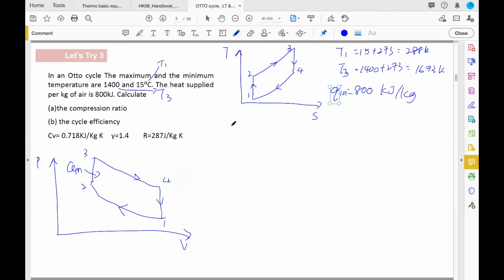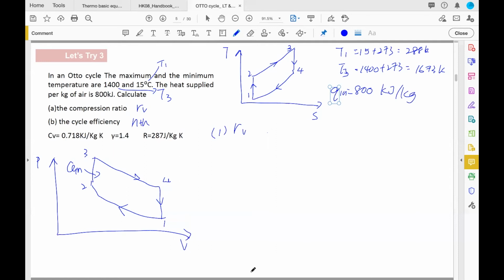So the first question is asking what is the RV, and the second question is asking about the efficiency. So it's quite easy. Let's try together. The first one, 1 to 2, is isentropic compression.